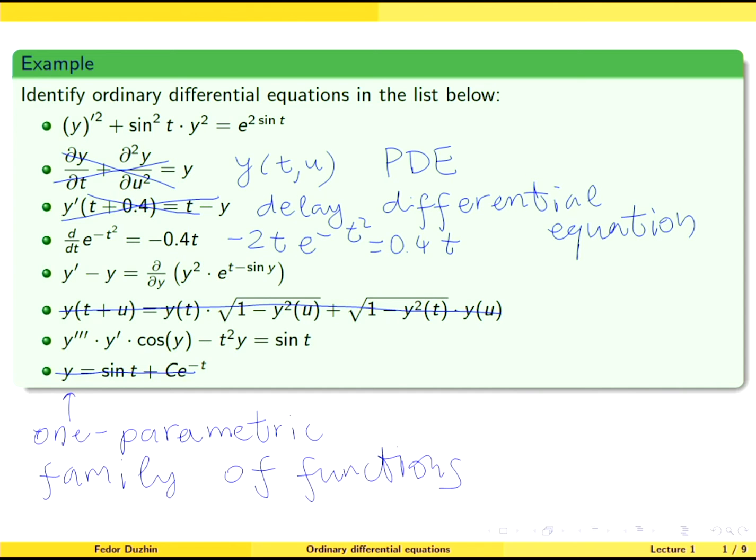And this is, of course, not a differential equation. It's just an ordinary algebraic equation. Just the way it is written, it has this differential, but there is no unknown function here. So this is really just a usual algebraic equation like those that you learned in secondary school. Okay?